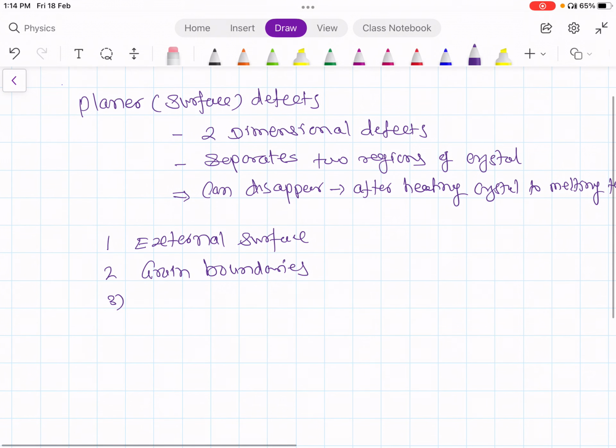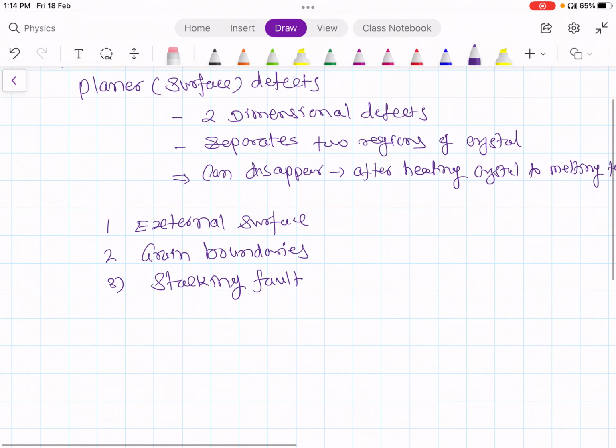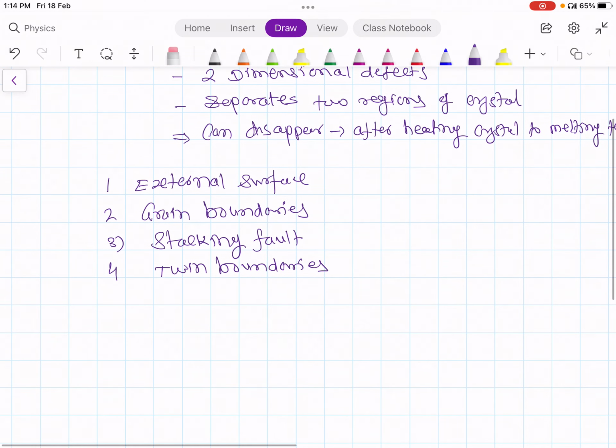Third one is stacking fault. And the fourth defect is twin boundaries. So these are the four different surface defects. Now let's see one by one.